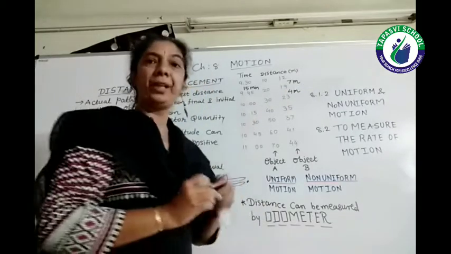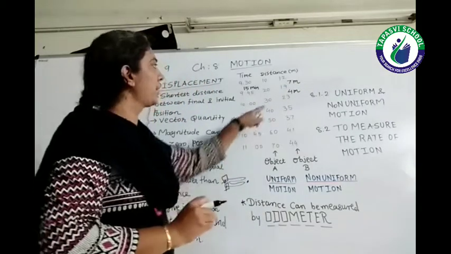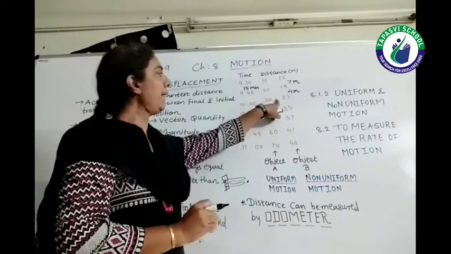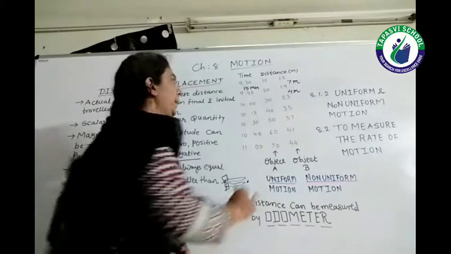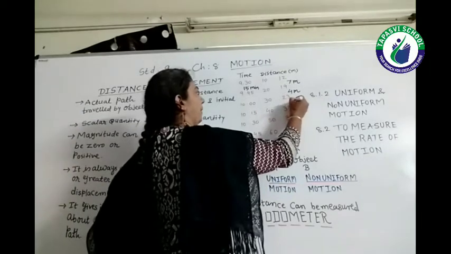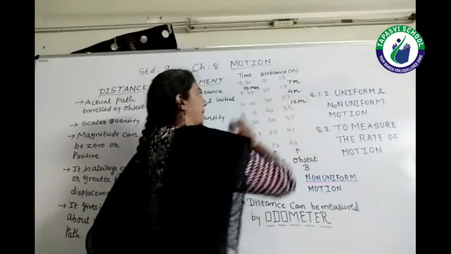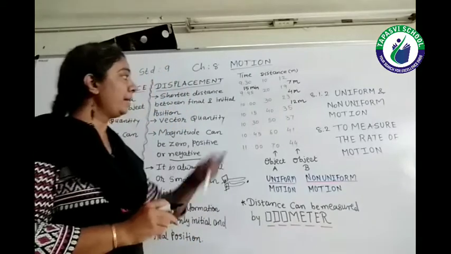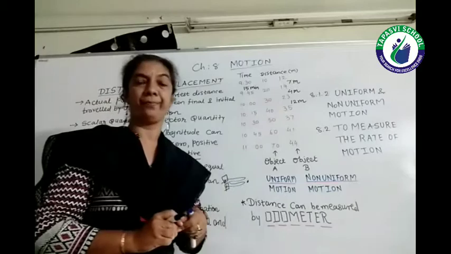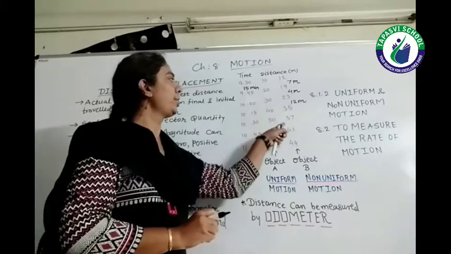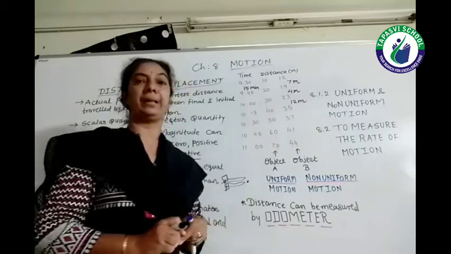In the next 15 minutes, it starts from 23 and reaches 35. That means it is traveling 12 meter distance. Then in the next 15 minutes, it starts from 35 and reaches 37 meter.